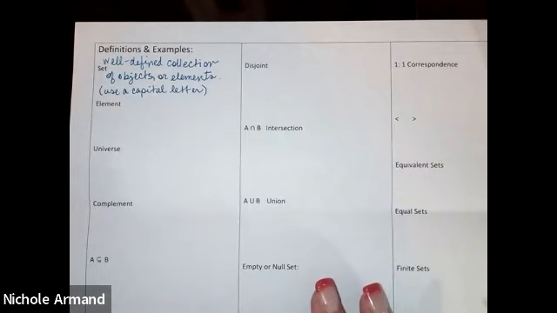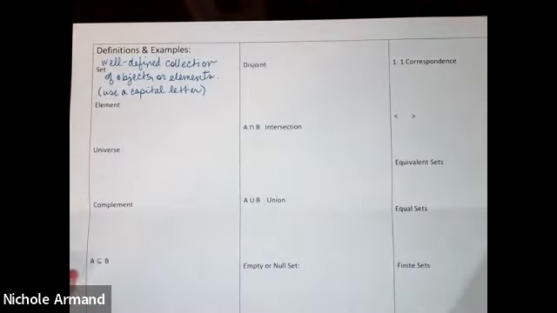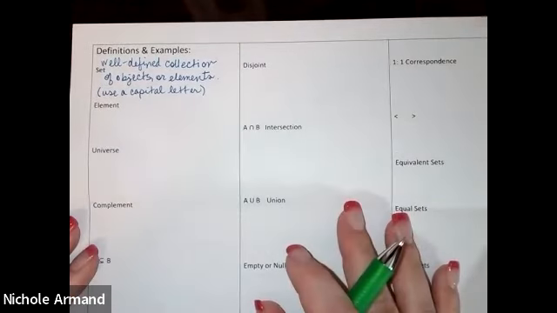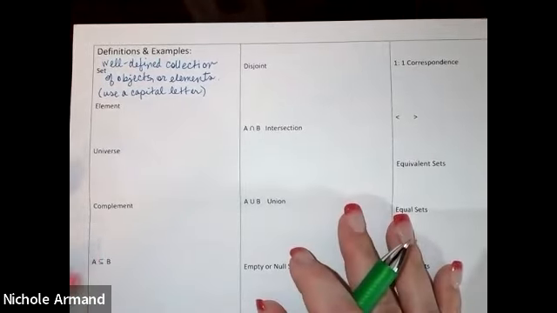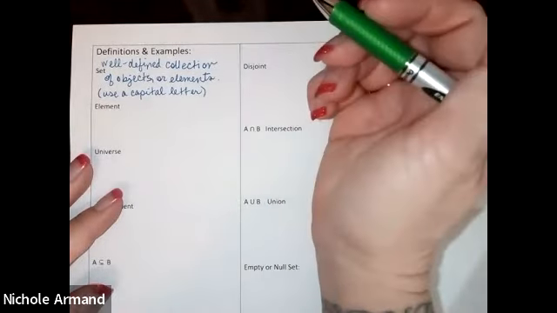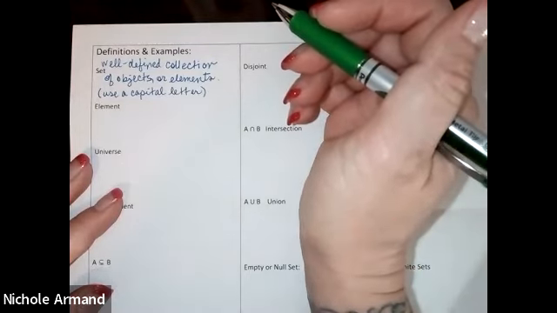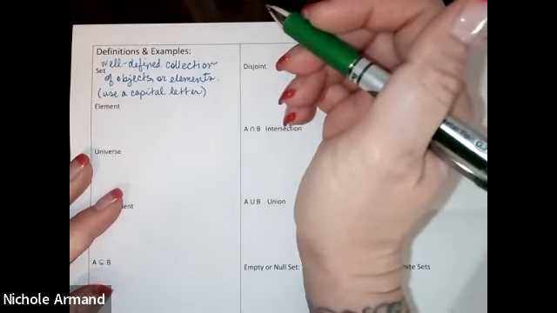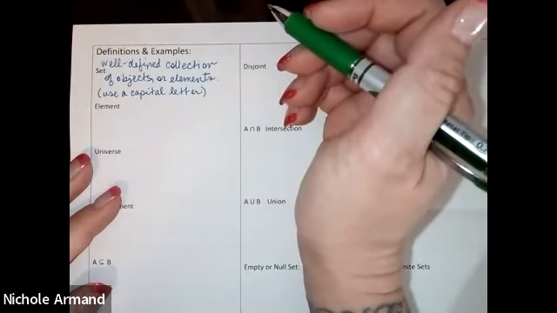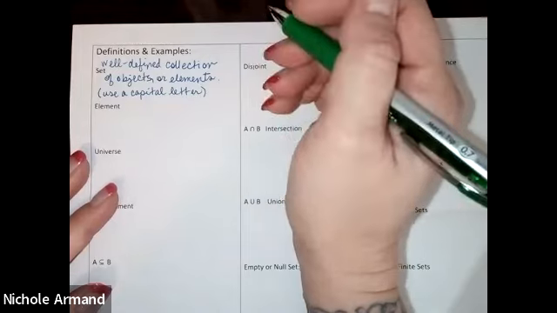Okay, so now the next one is element, and it is a member of the set. So we use this symbol, which kind of looks like a weird E, but an E anyway. And in set notation, it means is a member of.